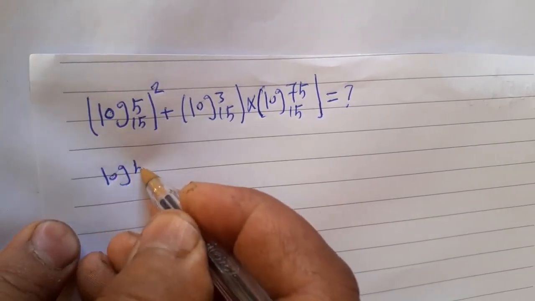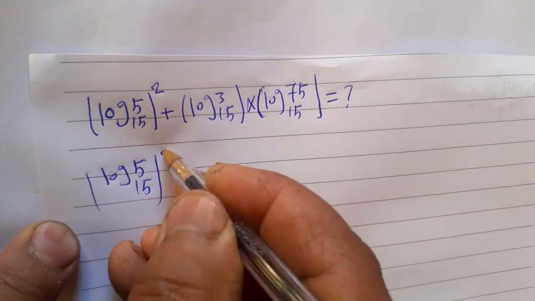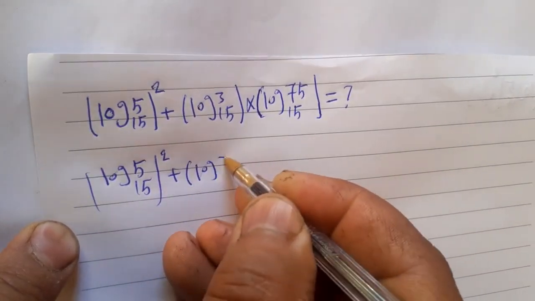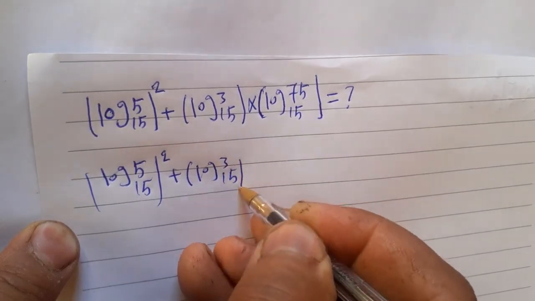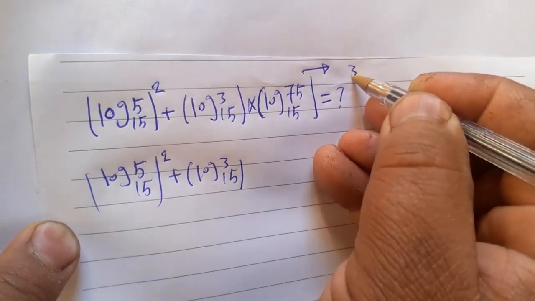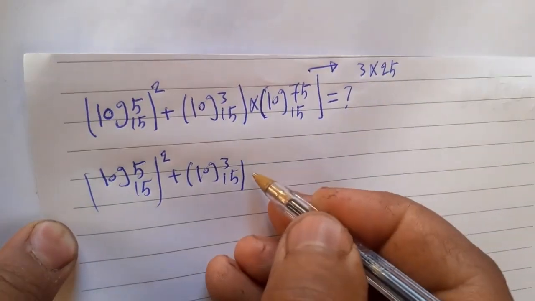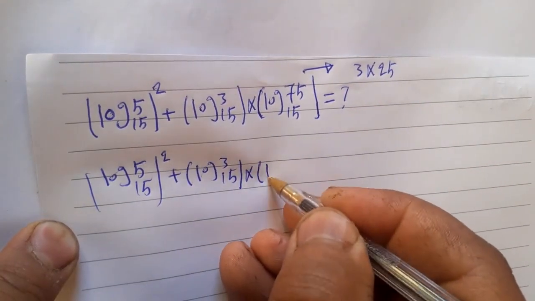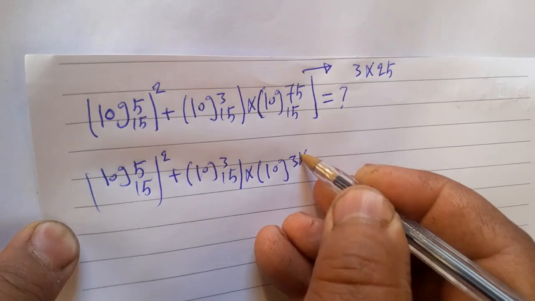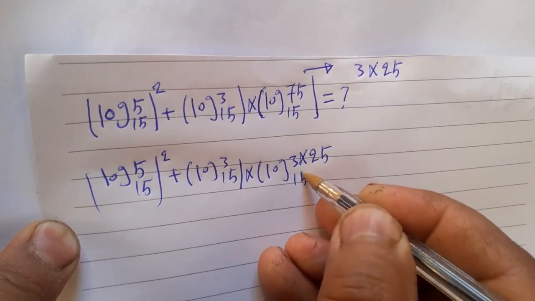Log 5 base 15 squared plus log 3 base 15 times log 75 base 15. Here 75 equals 3 times 25, so log 75 base 15 is log of 3 times 25 base 15.